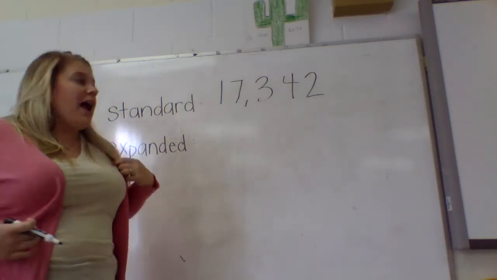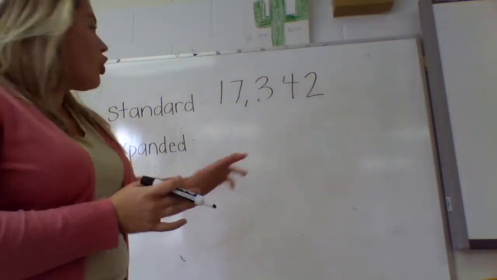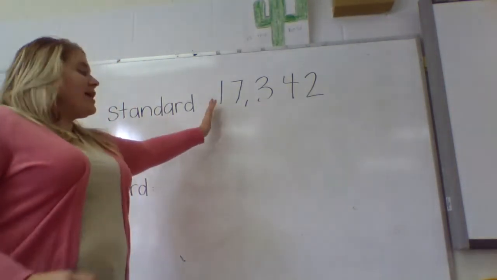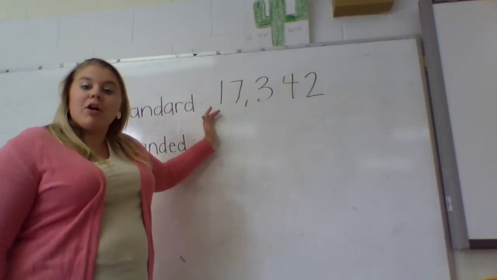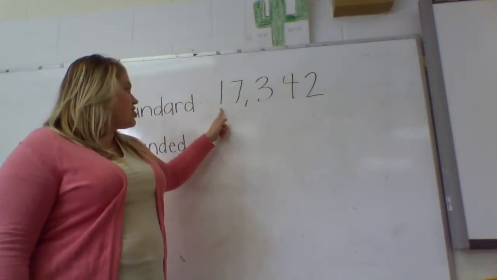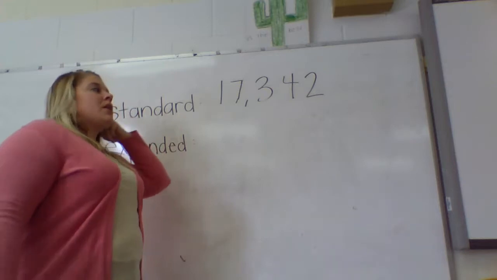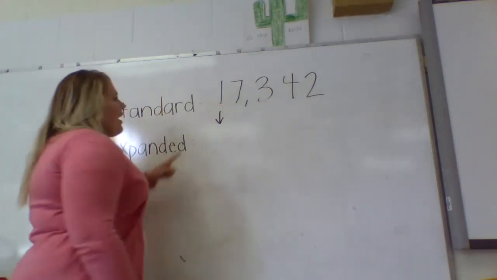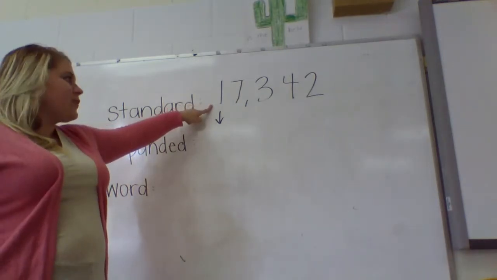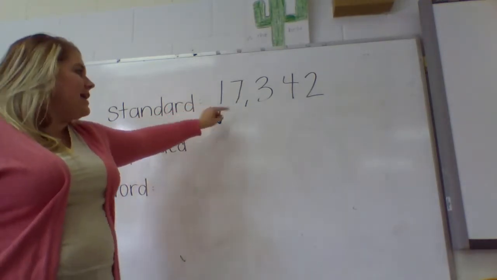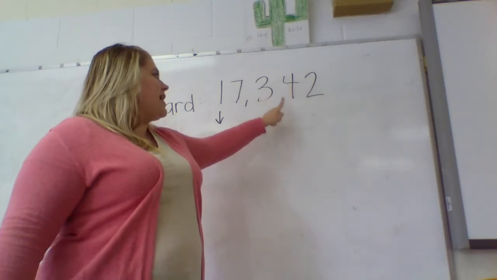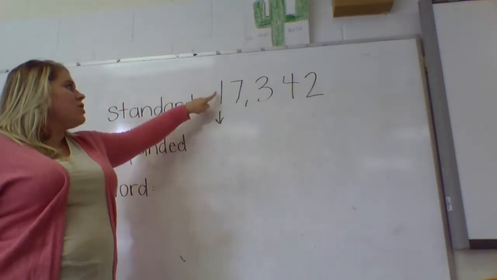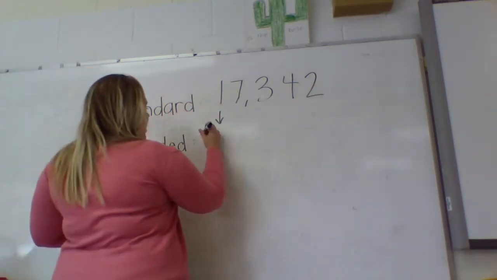Expanded form is where we break every single digit in that number down. So we always start at the left because that's the number that is worth the most. This digit has the highest value. And we take it digit by digit. So if I have a 1, this isn't really worth 1. It is in the ones, tens, hundreds, thousands, 10,000s place. So I have 1 ten-thousand.